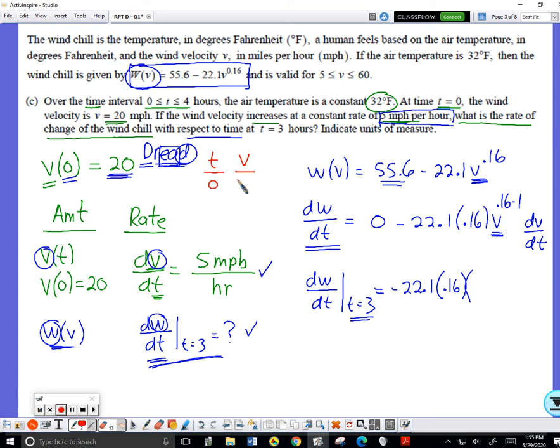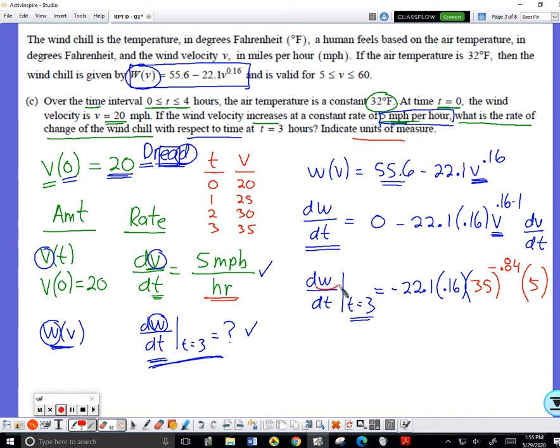Time 0, velocity is 20. Time 1 hour, the velocity would be 25. 2, the velocity would be 30. Therefore, at hour 3, the velocity is 35. And then dV dt is always 5. And you can stop there, other than we do have to indicate the units.